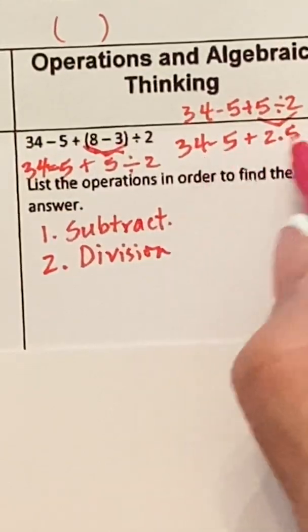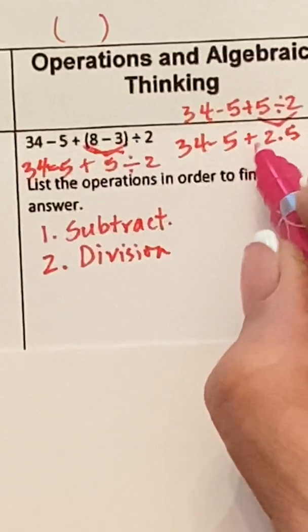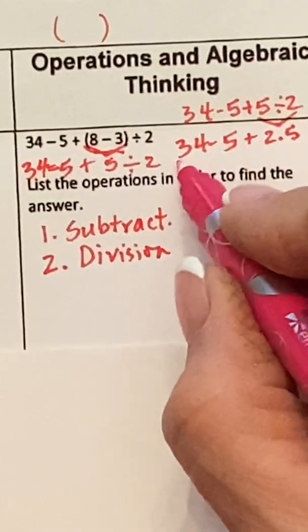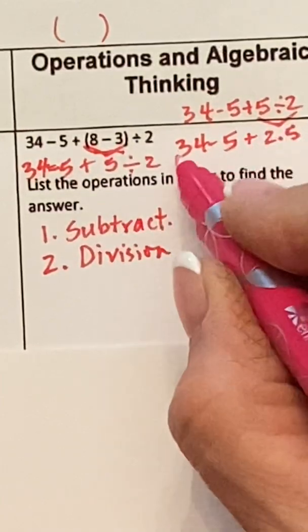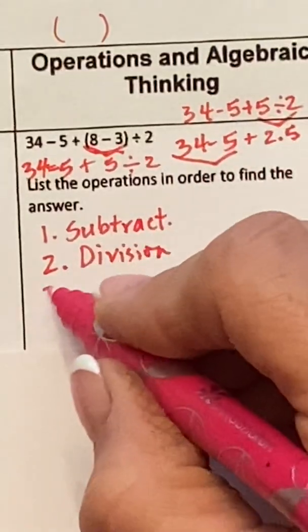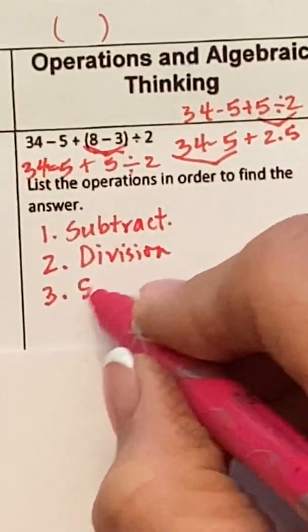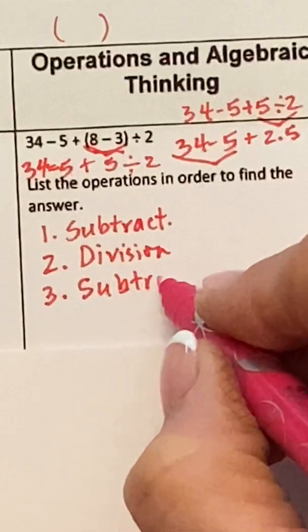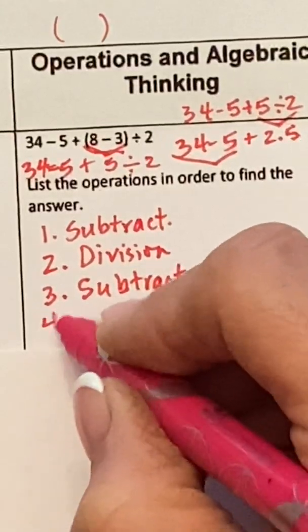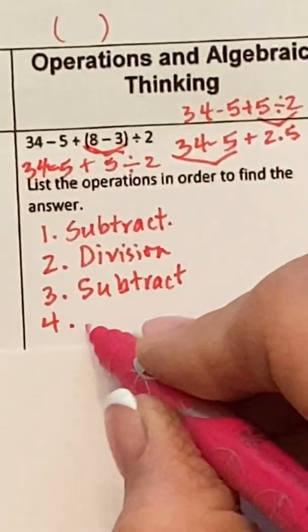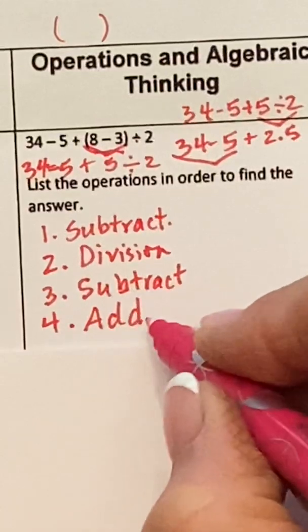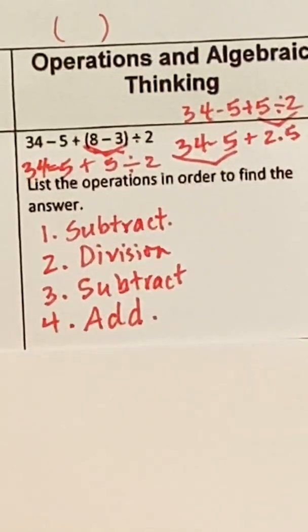So now we go to adding and subtracting, but we don't do adding first unless it comes first in the number sentence. Well, for this case, you're going to be subtracting again. And then what would be the final step after I do my subtraction? The next operation would be add. So it has to be just like this.